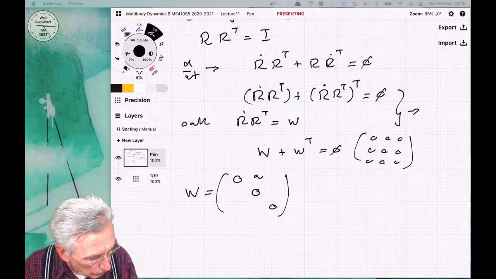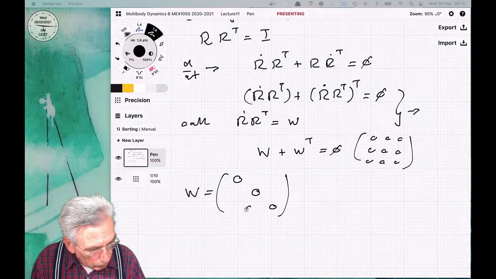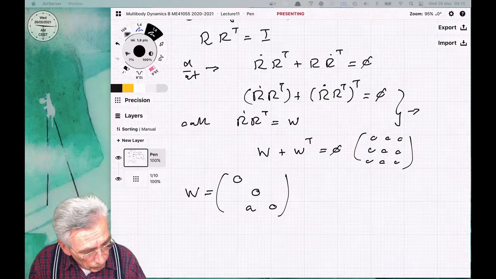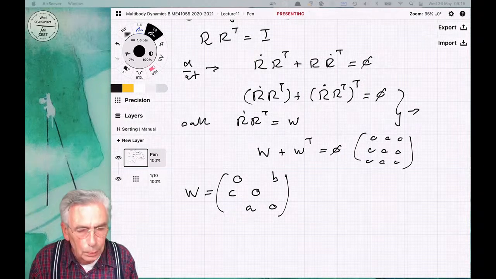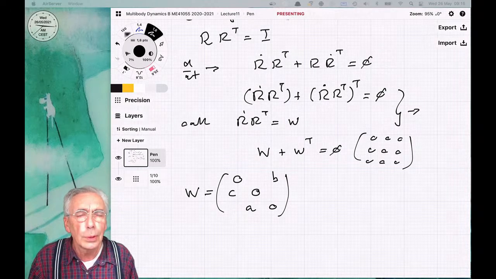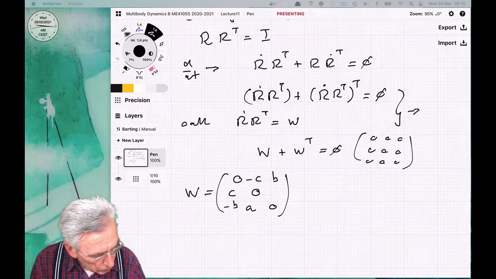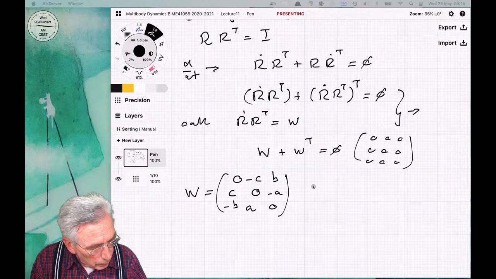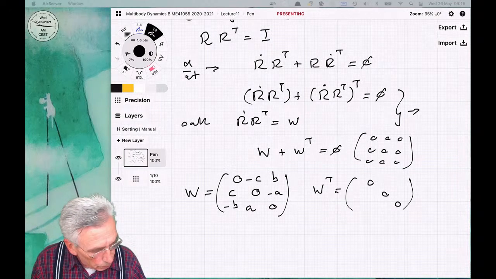now. So yes, we have only 3 numbers, but I'm going to write them in a cranky way. I'm going to write here an A, I'm going to write a B here, and I'm going to write a C here. And you would say, why does he do that? Trust me, I'm a doctor, it will work. Minus B, minus C, minus A. Then, of course, W transpose is again this 0, that's super easy.